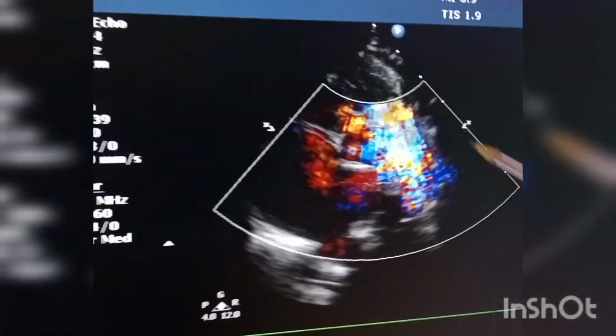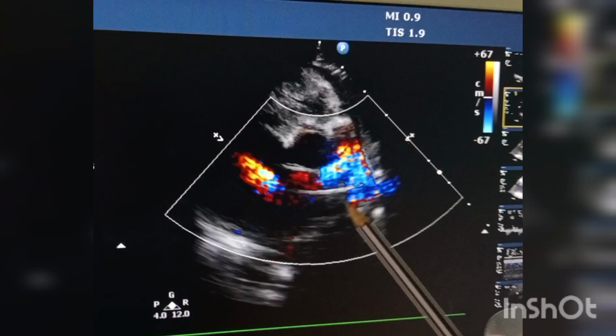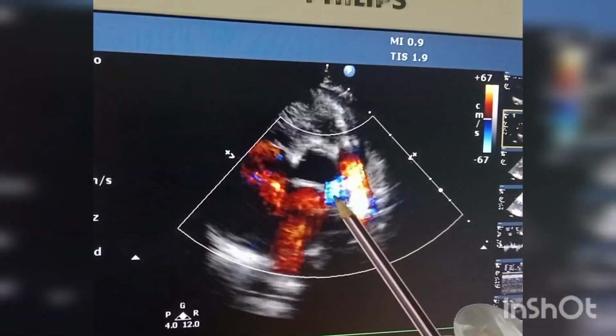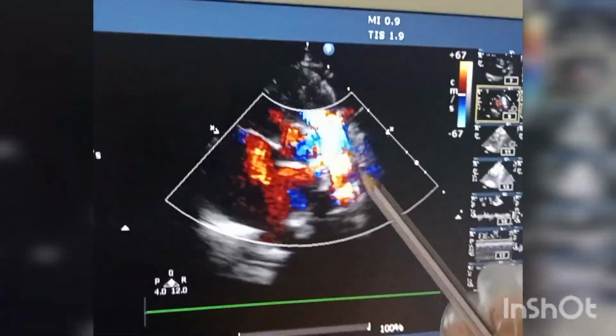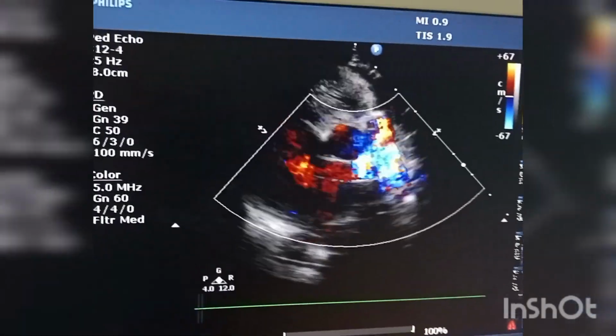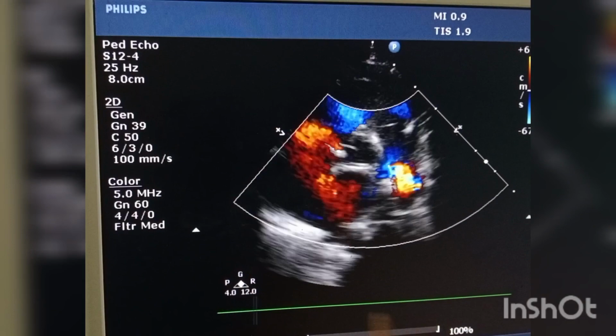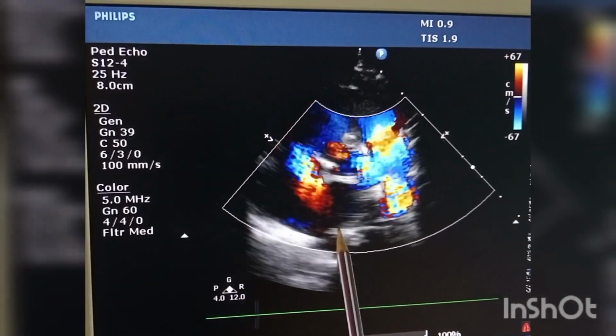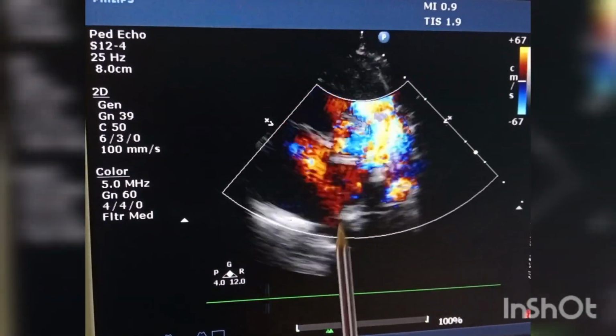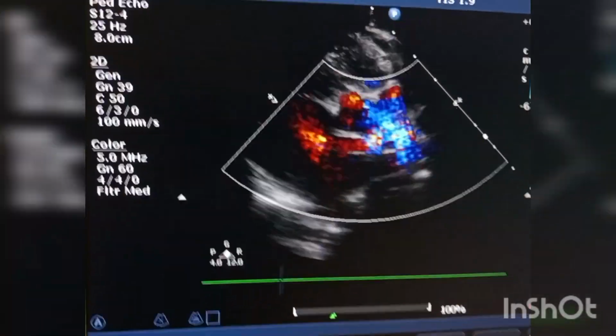On parallel short axis plane, I could get this view you can see here, and this is a color Doppler. You can see all the three: two blue jets and one red jet. The red jet is the patent ductus arteriosus. Also you can see how vigorous the blood is moving to the left atrium from the pulmonary veins. That's also important.